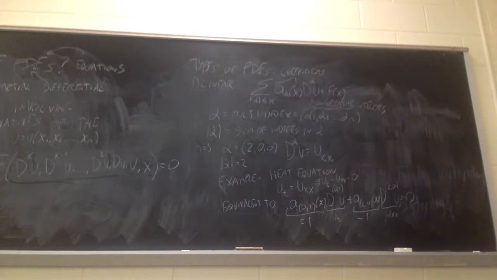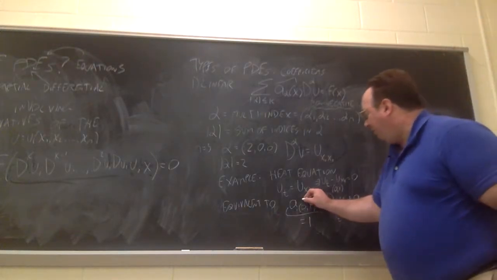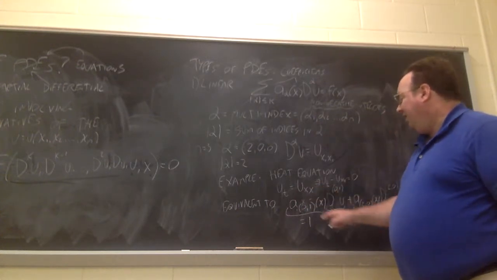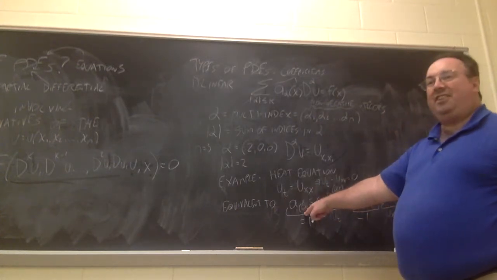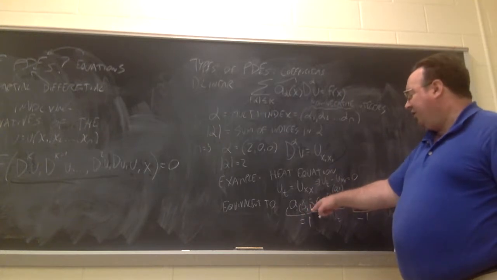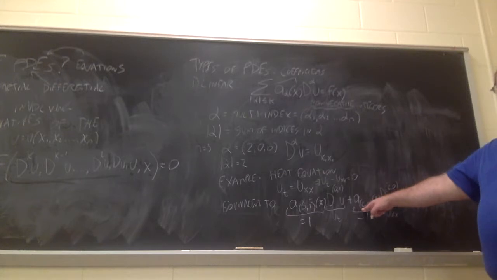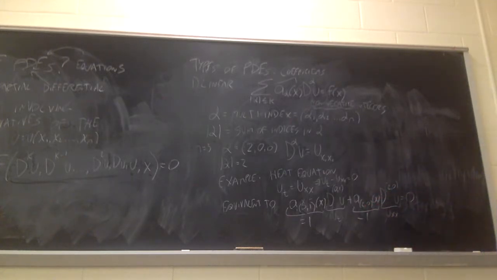How does that represent the order? Well, the first index corresponds to x and the second corresponds to t. So for du/dt, I'm not differentiating with respect to x, so that's why it's 0. I'm differentiating only once with respect to t. And same thing here: twice with respect to x, not at all with respect to t. Okay.